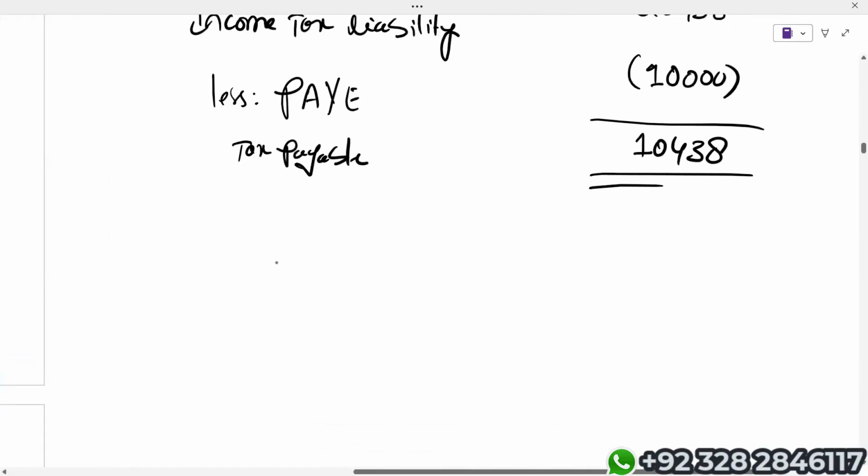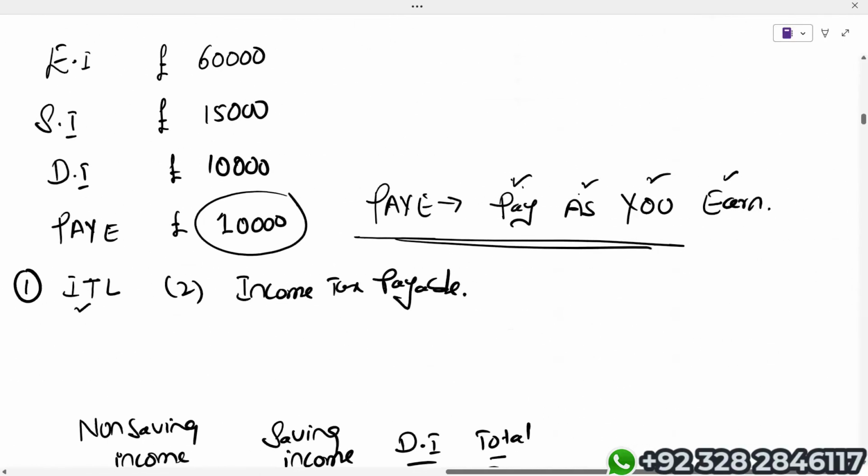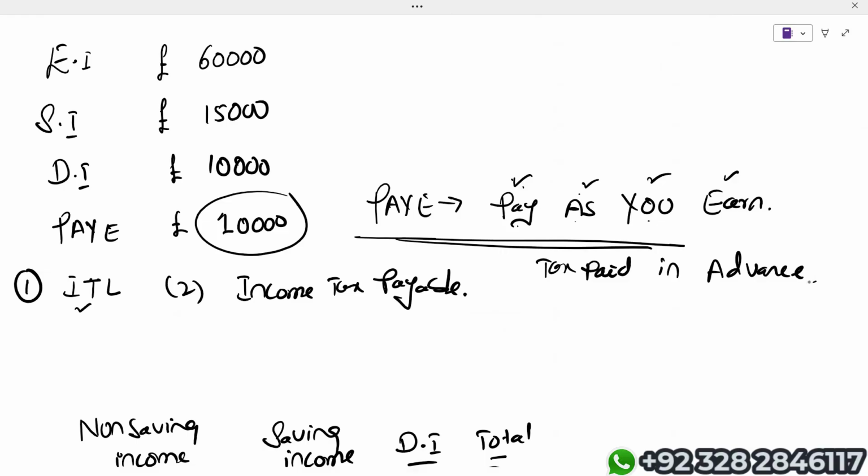Now listen, friends. We know that when we calculate income tax, the sequence is non-saving, saving, dividend income. Okay, is there any question? Okay. Students, come here. Pay as you earn means tax paid in advance.